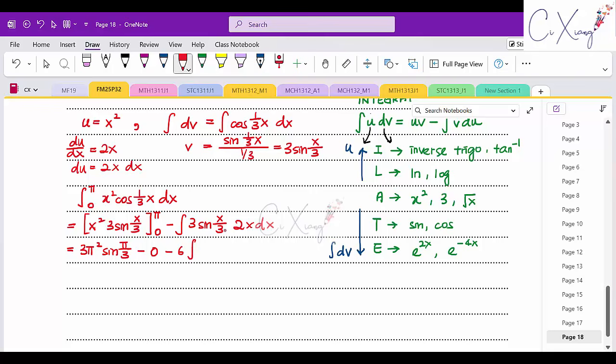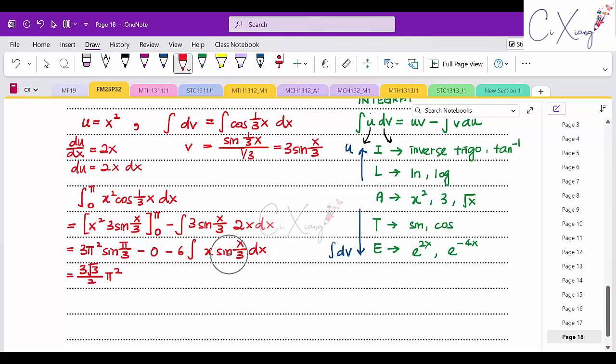I usually prefer to take out the constant, but inside I still see x multiplied with sine x over 3. The front part here should be no problem. You simplify, you'll have 3 pi squared sine pi over 3. You'll get root 3 over 2, right? So I'll have 3 root 3 over 2 with pi squared. Minus 0, you don't need to write anything.